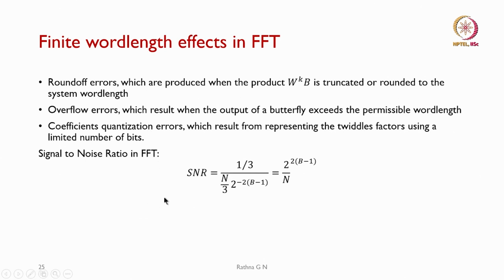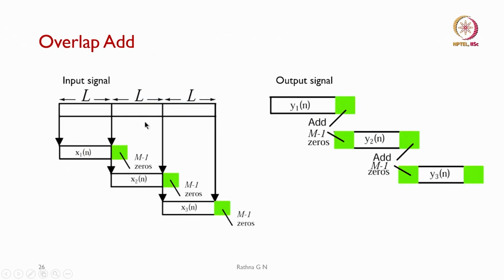The signal to noise ratio is given by this equation: it is directly proportional to the number of bits and inversely proportional to the order of the FFT you consider. These are the errors we considered in FFT.